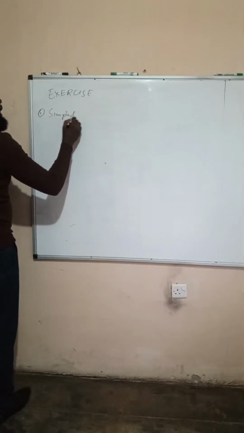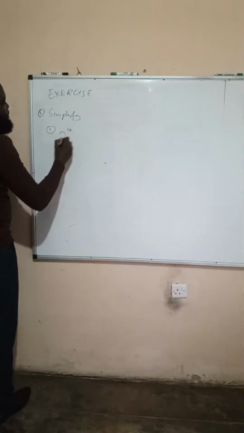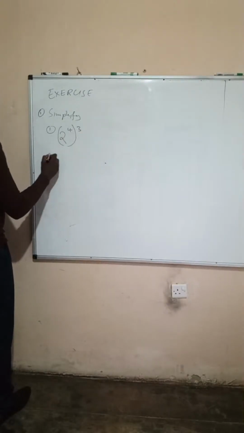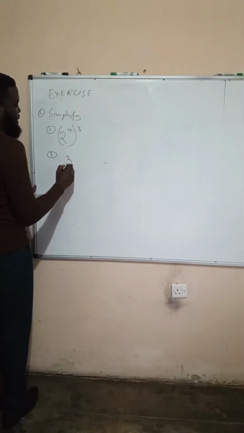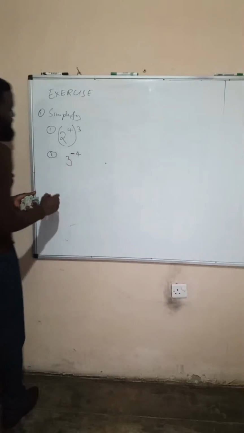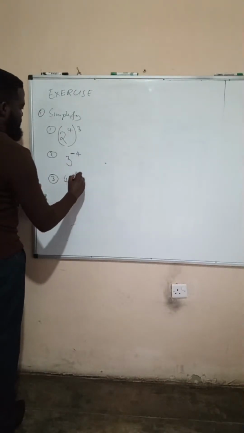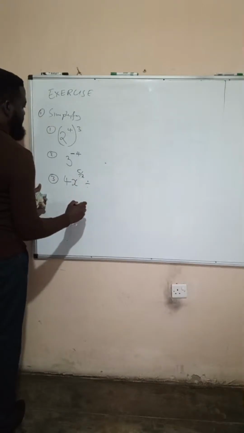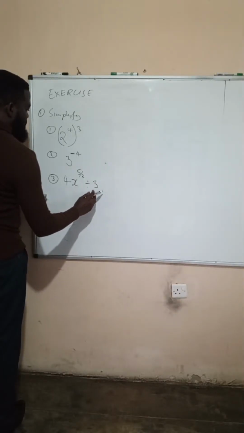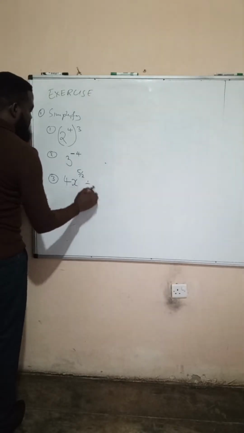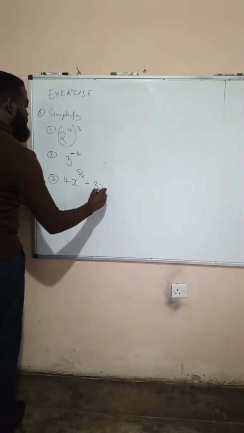Okay. Simplify: 1, 2 to the power 4 in closed brackets to the power 3. 2, 3 raised to the power -4. 3, simplify 4x to the power 5/2 divided by 3x to the power half.